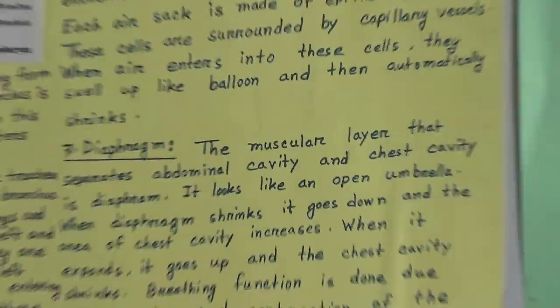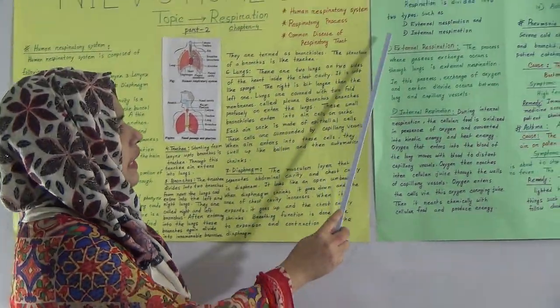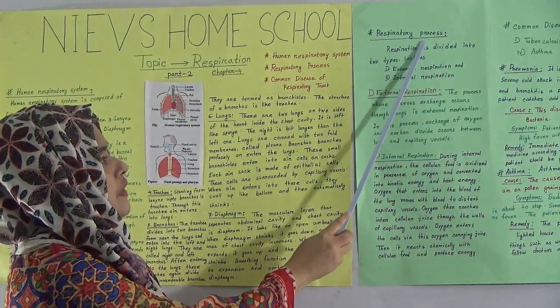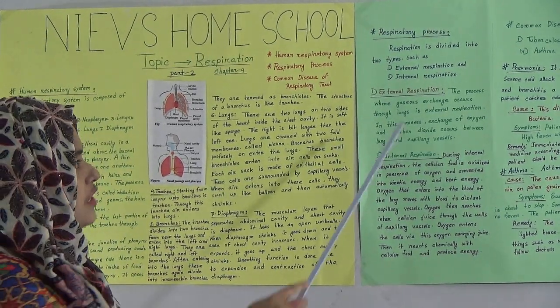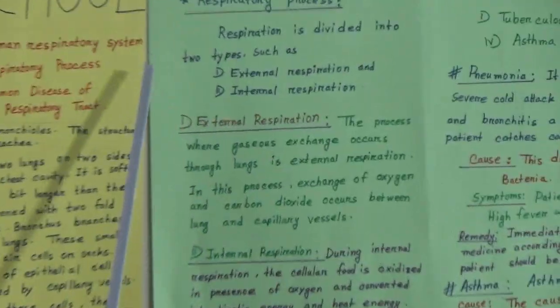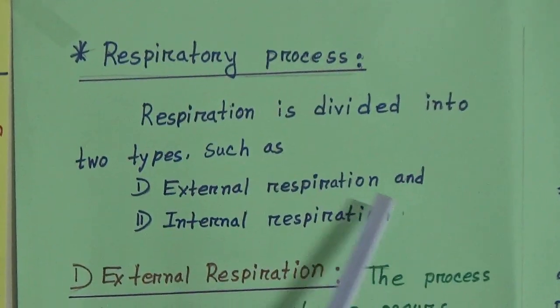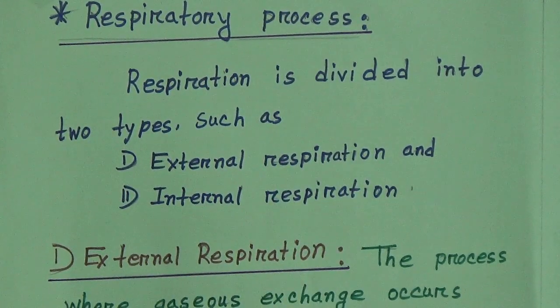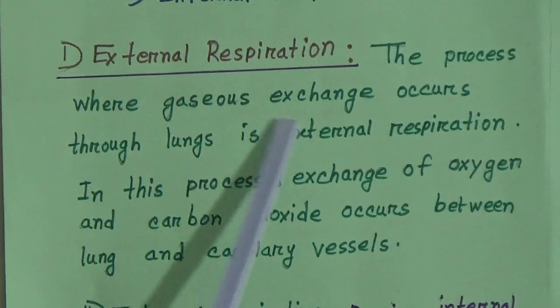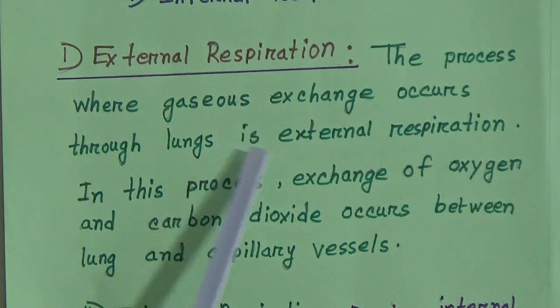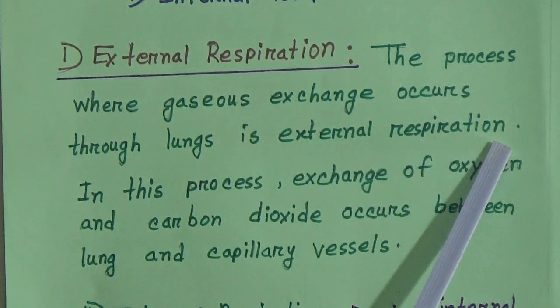Dear students, today our next topic is the respiratory process. Respiration is divided into two types: external respiration and internal respiration. External respiration. The process where gaseous exchange occurs through the lung is external respiration.